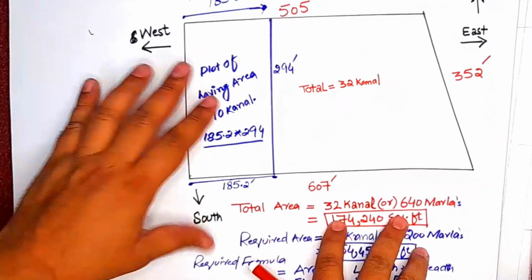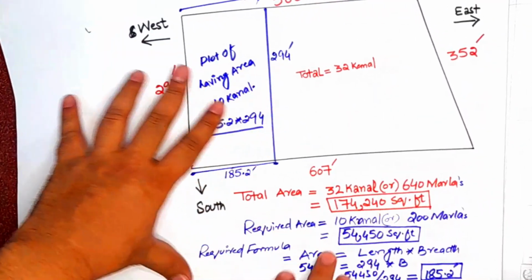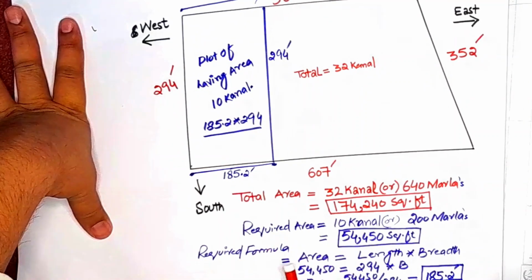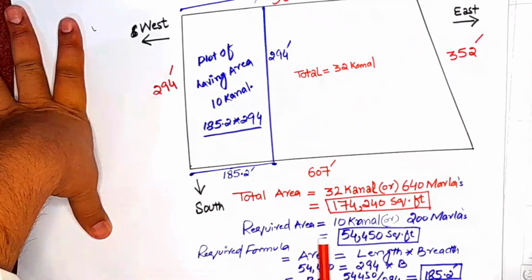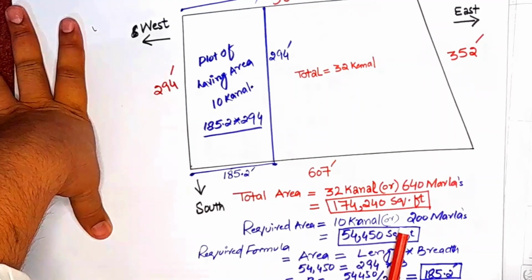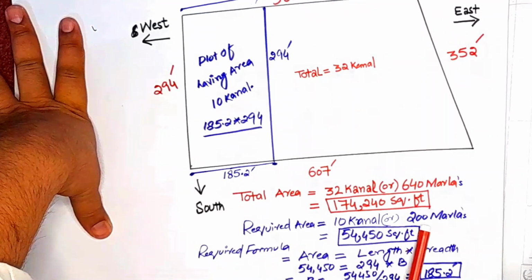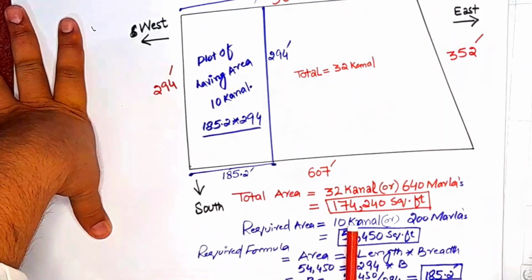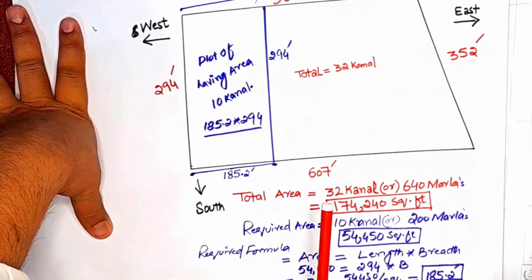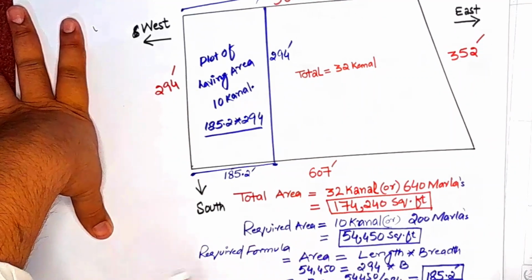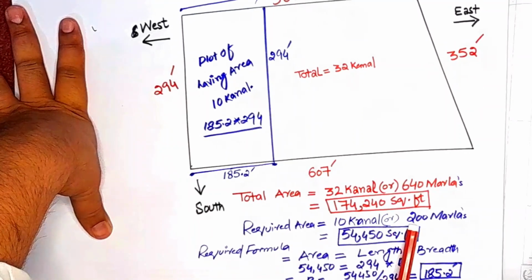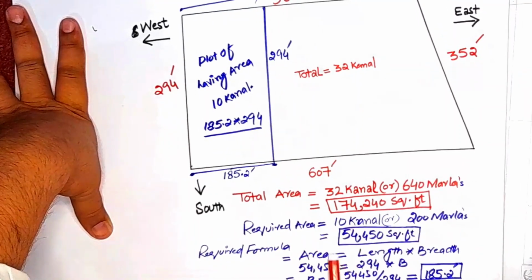Here I calculate the required area of 10 canal, which becomes 200 marlas, because one canal has a total of 20 marlas. So 10 multiplied by 20 becomes 200 marlas.